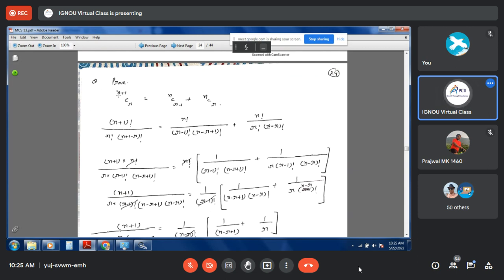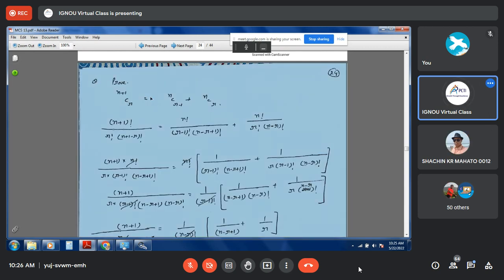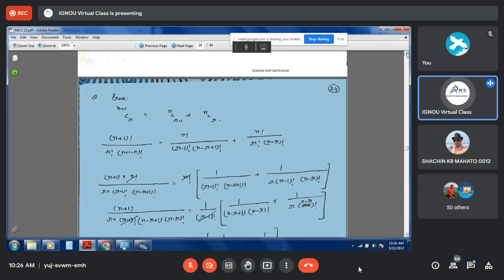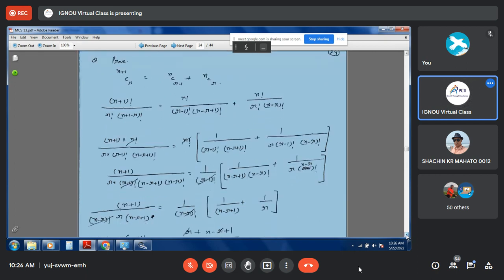Through this result, see, it's pure algebra. It is also called the Pascal formula. n plus 1 Cr is equal to nCr minus 1 plus nCr. So everyone, I think you know about factorials.